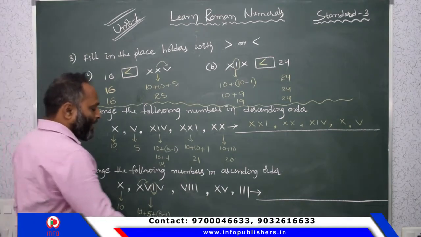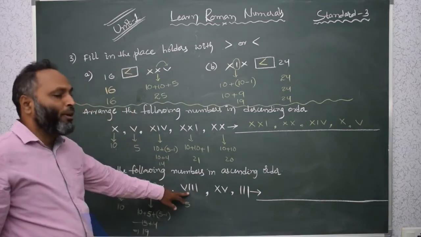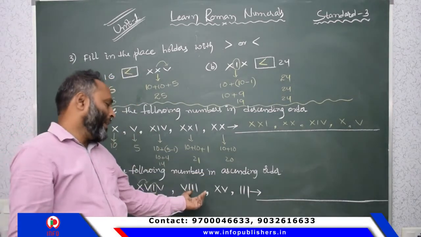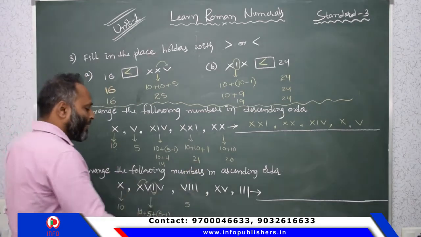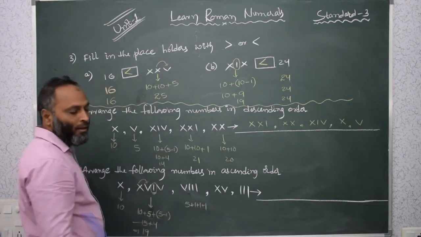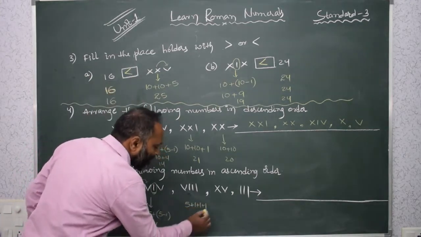Then after that, this is 5, V means 5. Here small Roman numerals are on the right side, so addition, repeated 3 times, add 3 times 1: 5 plus 1 is 6, 6 plus 1 is 7, 7 plus 1 is 8.